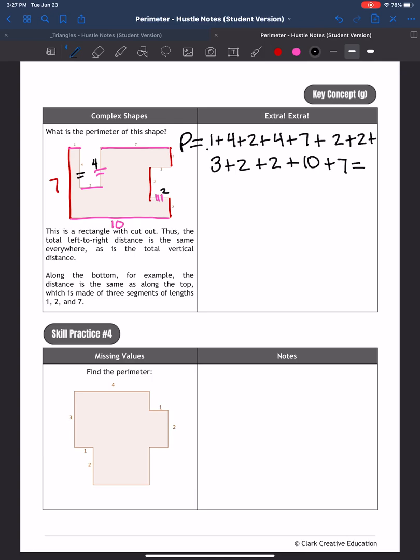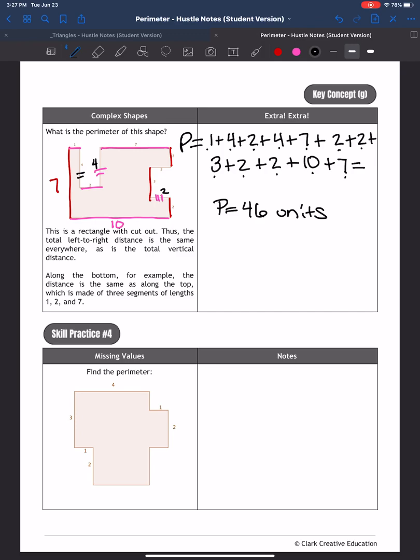So 1 plus 4 is 5. That's 7, 11, 18, 20, 22, 25, 27, 29, 39, 46. P equals 46 units.